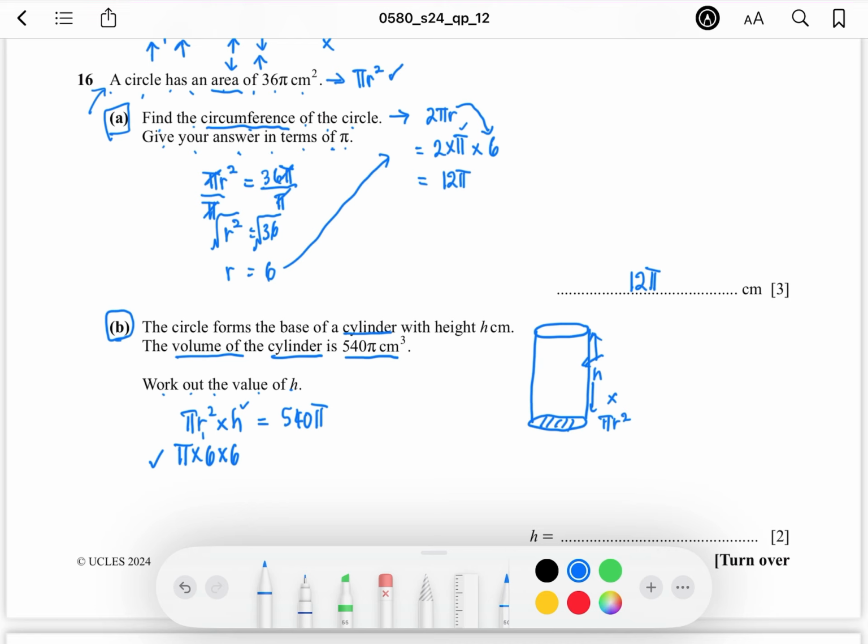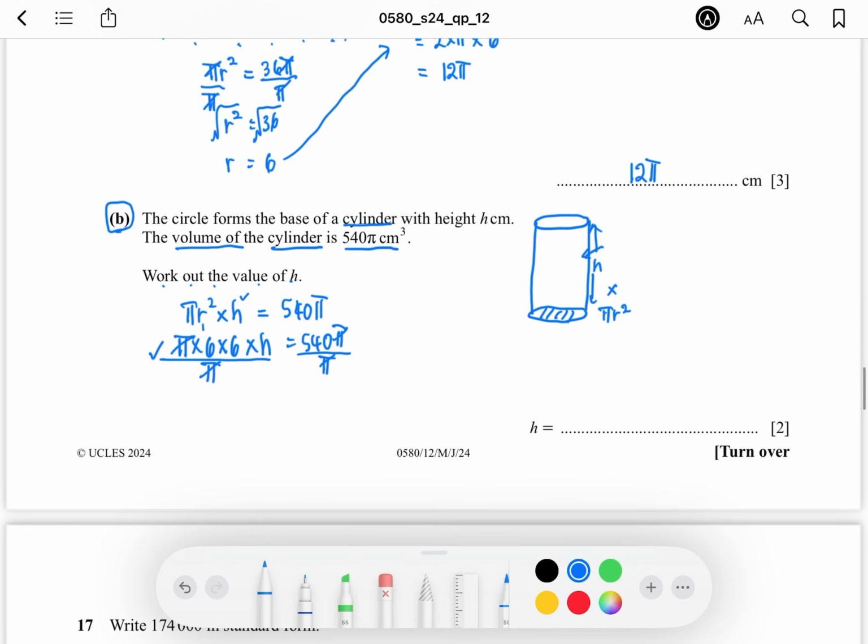Okay, so pi r square times h, with r equal to 6, because r square times height equals 540 pi. Divided by pi first. You can also divide it by 6 times 6.